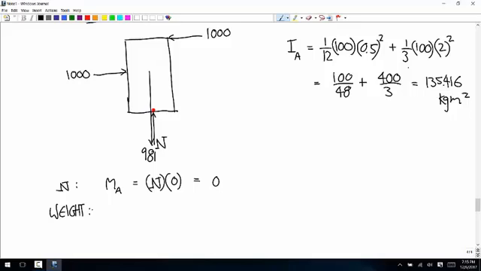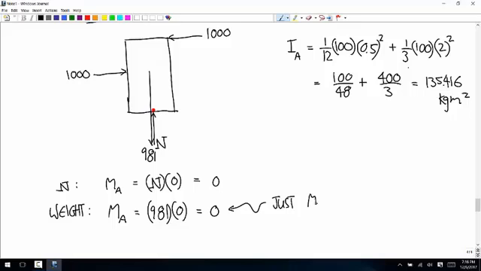So any force whose line of action goes through the axis doesn't produce a moment. Okay. So in that case, we have 981 times 0 again equals 0.